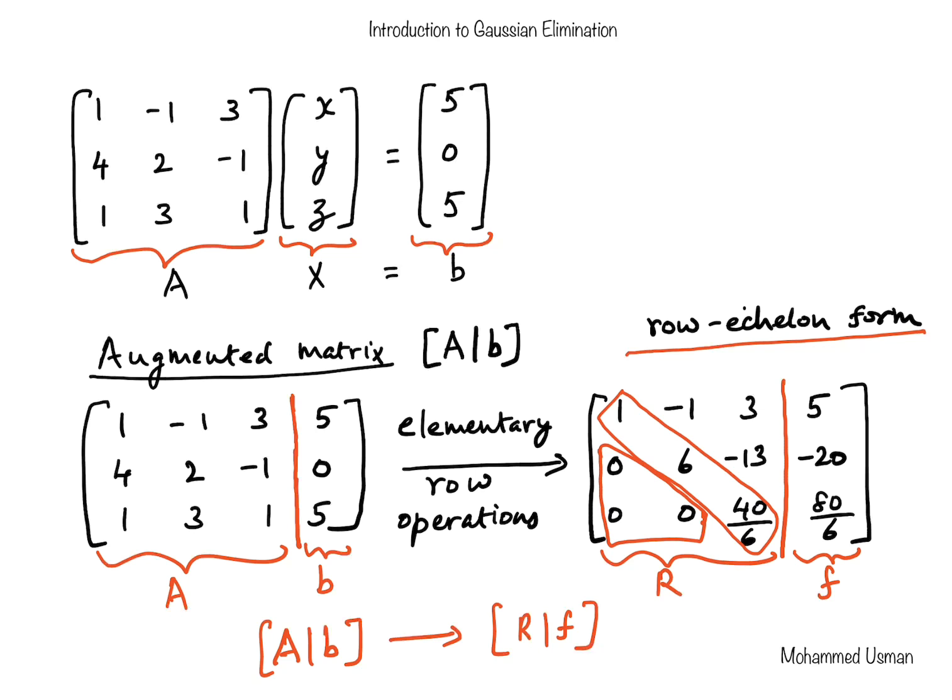When converting the augmented matrix to the row-echelon form matrix, we will perform these row operations on the augmented matrix, and during these operations we will use the diagonal positions, not the diagonal element itself, but the diagonal positions of the coefficient part, the A matrix of the augmented matrix. These positions will be used as references, which we call the pivots.